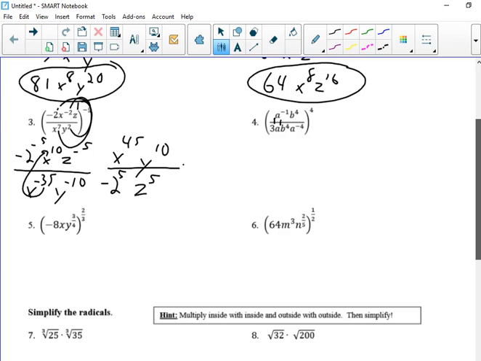And that's it, except we want to make sure we do -2 to the 5th power, which is going to be a negative number this time. -32 z to the 5th. All right? Again, not the only way to do it, just one way.